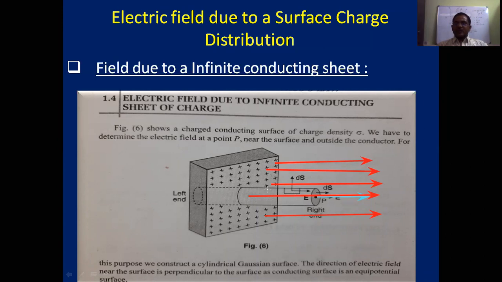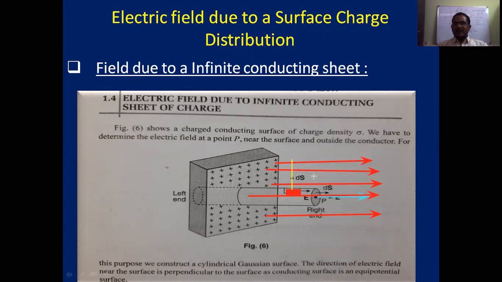Okay. So what about the curved surface? You consider a small area here, ds bar. Then the direction of the ds bar will be like this, perpendicular to this one. This is the ds bar direction. But the field strength direction is towards the right side, that is perpendicular to the sheet. So what is the angle between E bar and ds bar here? That is 90 degrees. So what is the flux through this small area element?